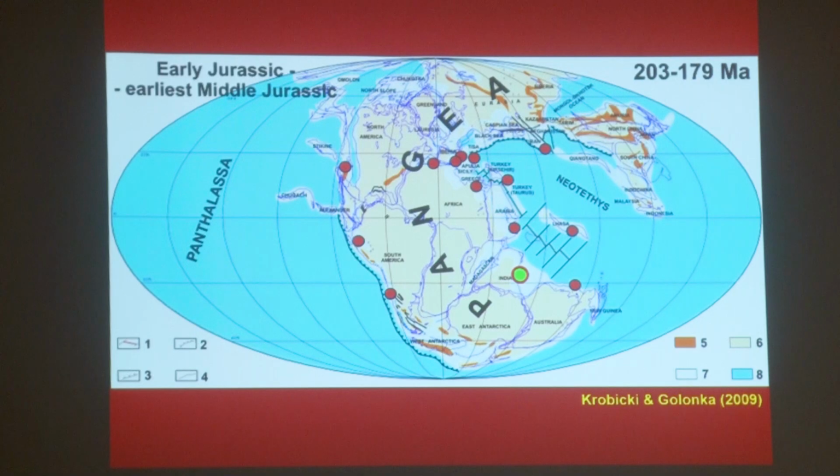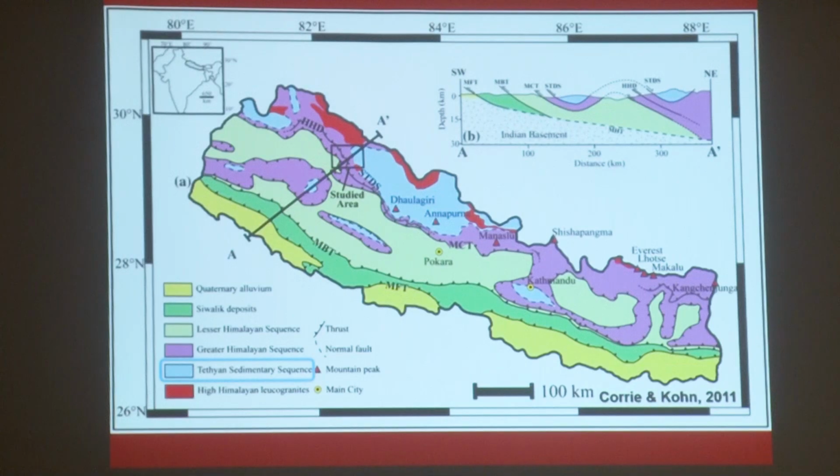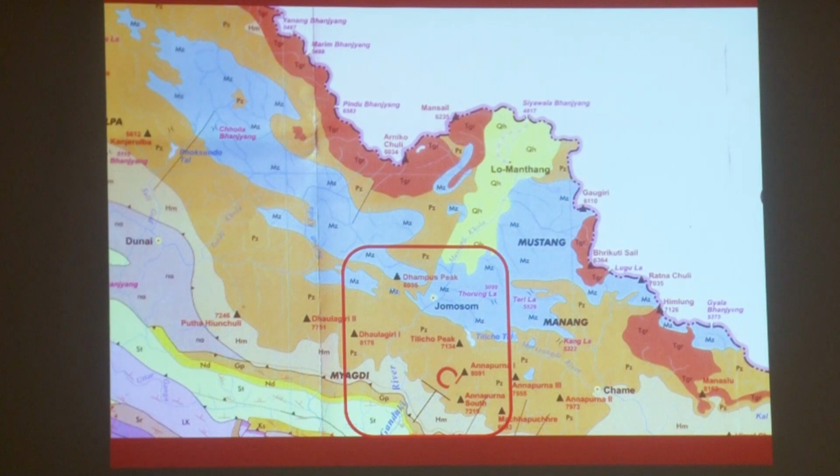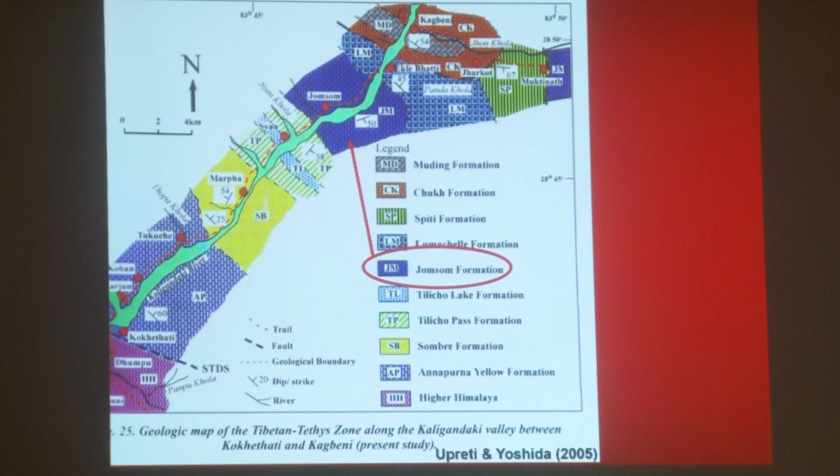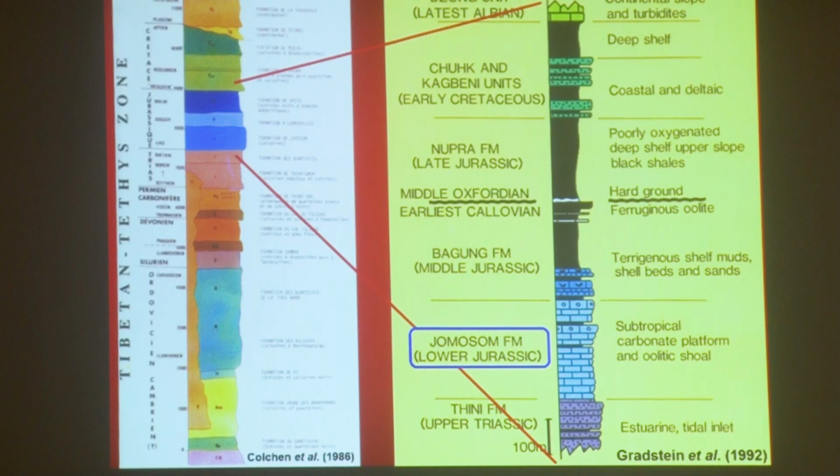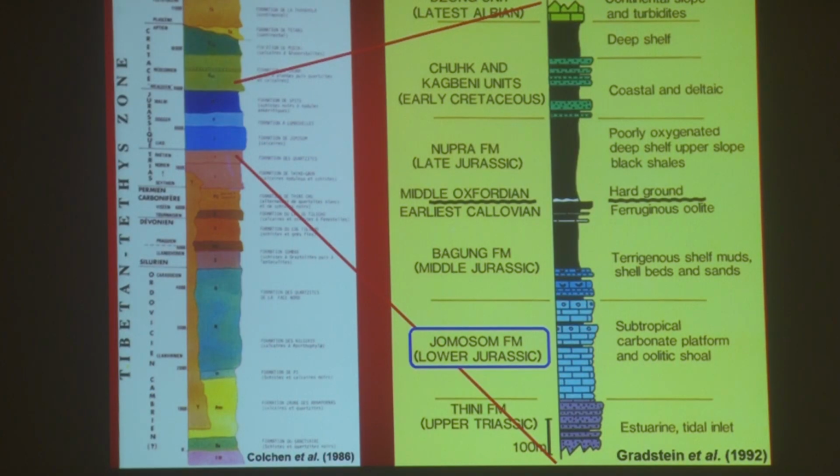Paleogeographically, when we jumped to Nepal, paleogeographically along the southern margin of Tethys as well, we can see along the Kaligandaki Valley, close to Jomsom village, Jomsom Formation so-called, a subtropical carbonate platform with oolitic shoals as well.